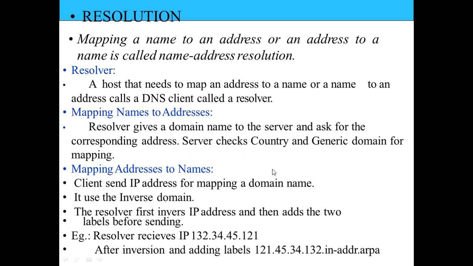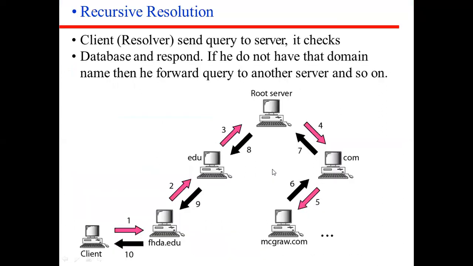Now here is how the working actually happens. The client generally sends to the resolver. The resolver sends a query to the server, and it checks the database and responds. If we do not have that domain name, then it will forward the query to another server and so on. So first of all, this is the client and this is fhda.edu.